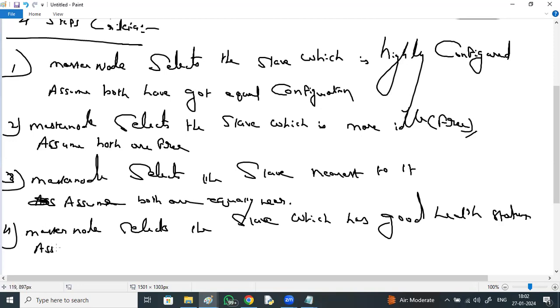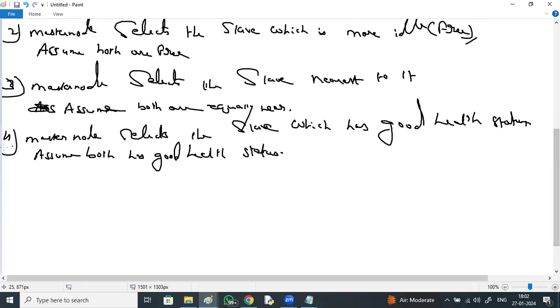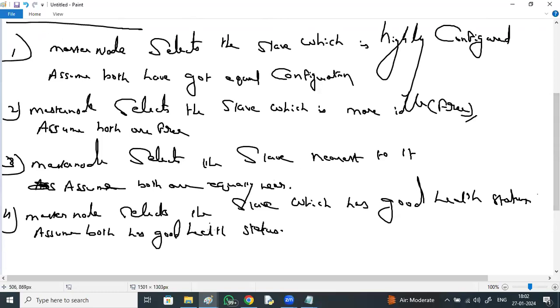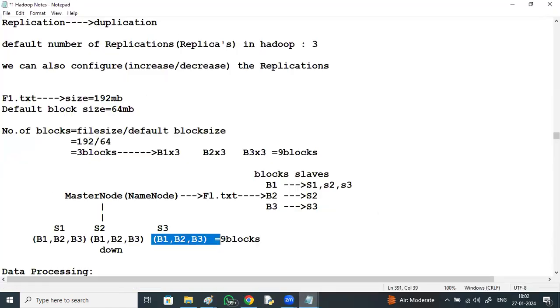Assume both have got good health status. In the extreme case, it selects any one slave randomly, right? This is the criteria followed. Just observe this and make clear notes for it.